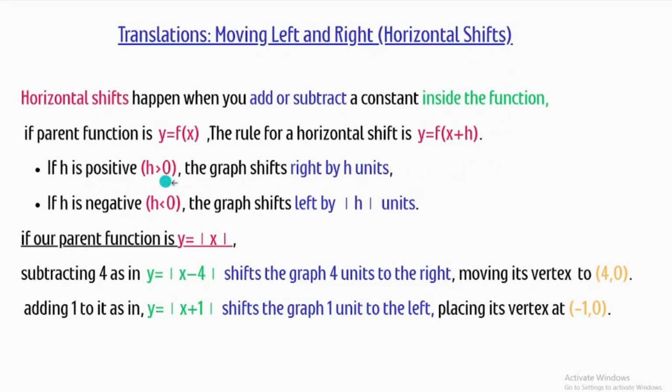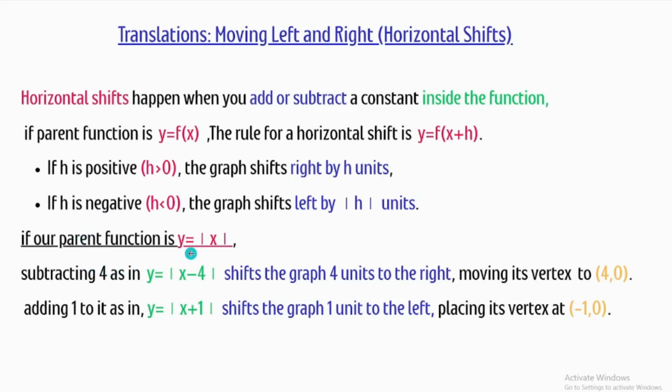If h is positive, the graph shifts right by h units. If h is less than 0, then the graph shifts left by absolute h units. Of course, there is no shift by negatives. So this is negative h, so we shift by the positive number of h.